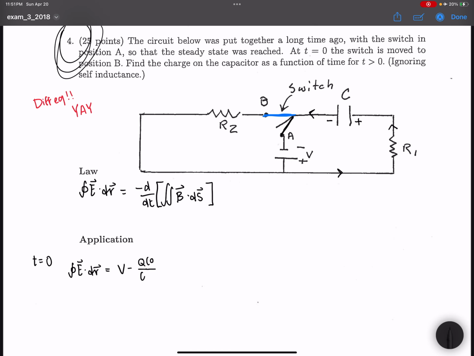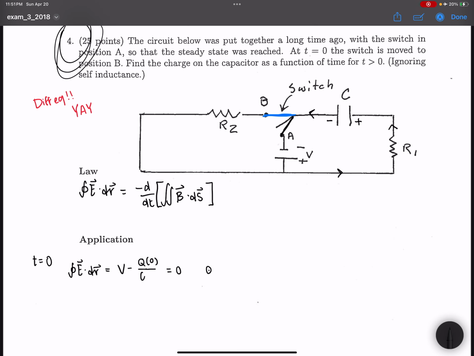The reason it equals 0 is because of the right-hand side of Faraday's law: we don't have an external B field anywhere, and we're ignoring self-inductance. There's no current and no magnetic field anywhere, so the right-hand side of Faraday's law is 0.